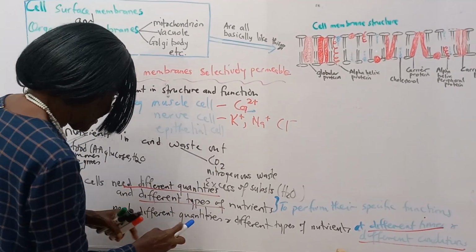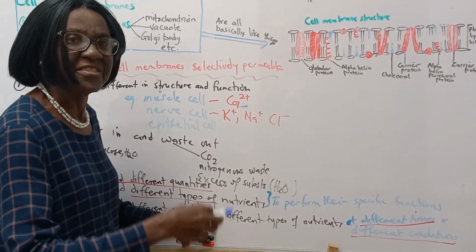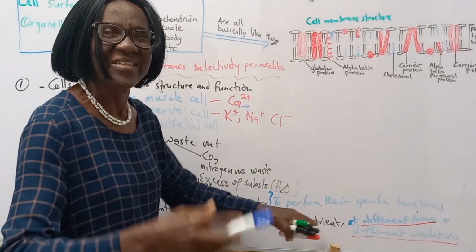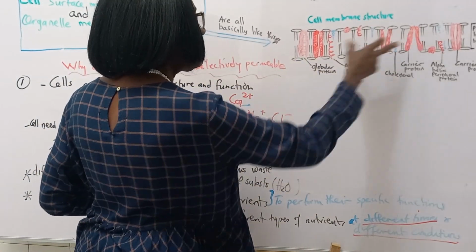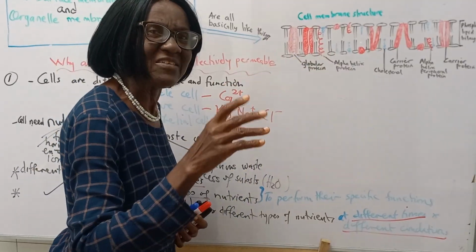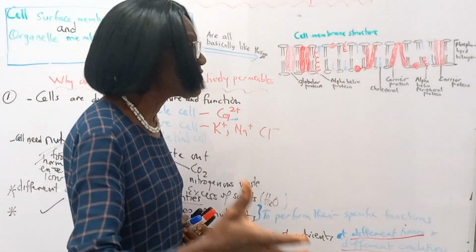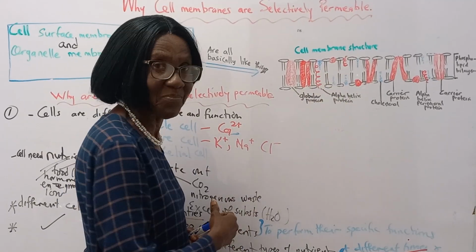So different quantities of different nutrients at different times or conditions will require the same membrane to selectively reduce or increase the substances it's transporting.